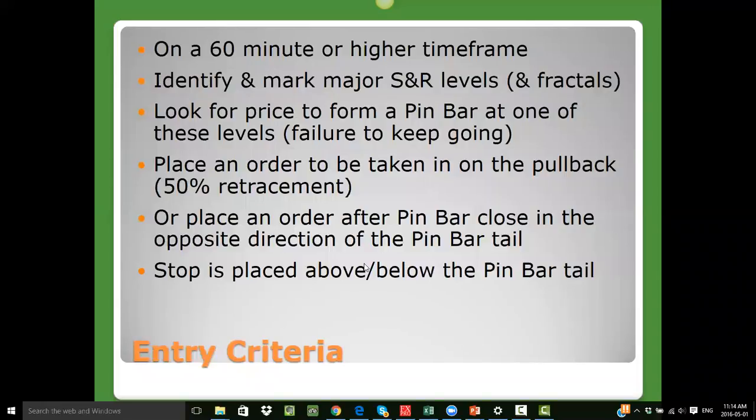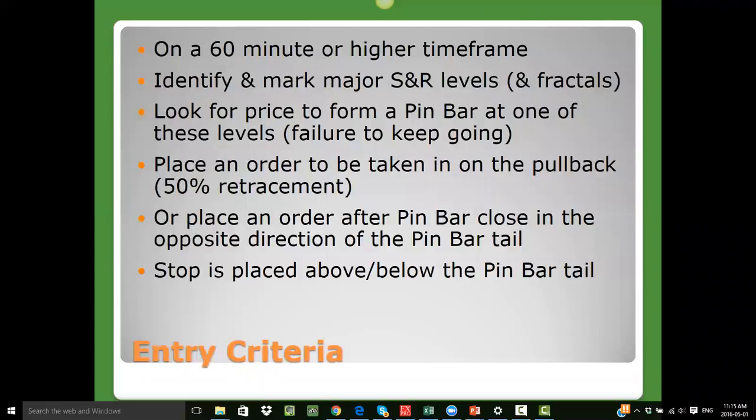All right, so let's take a little more in-depth look at what our entry criteria would be for this kind of a trade. What are we looking for? So I am looking for a higher time frame. The pin bars I find are more successful in the longer time frames. You are looking for either a 60-minute time frame or higher, so 4-hour, 60-minute, daily time frames.